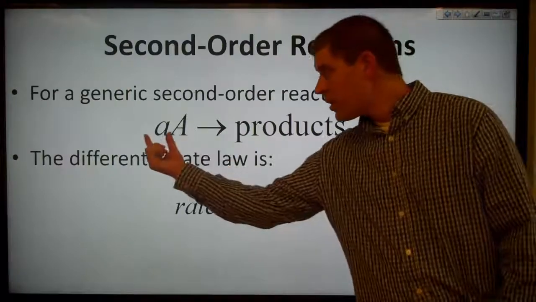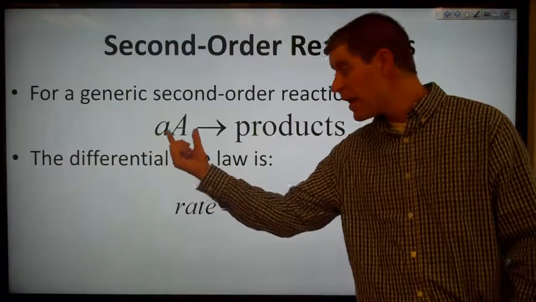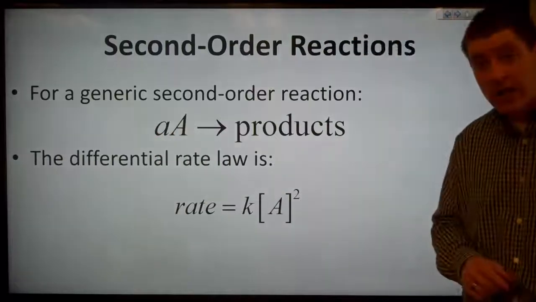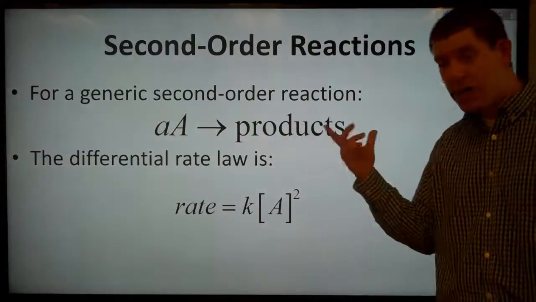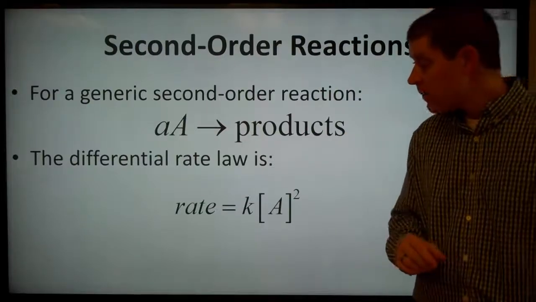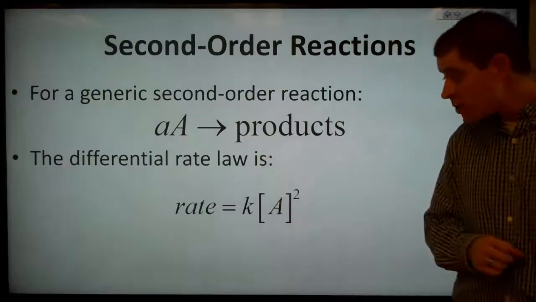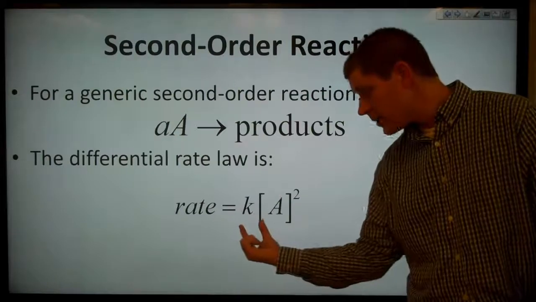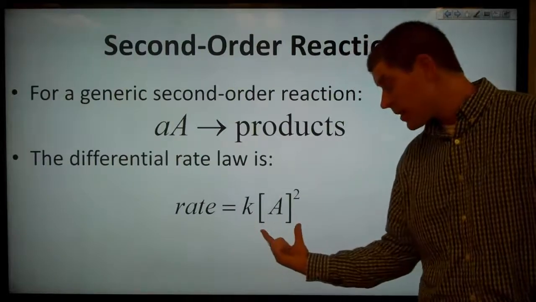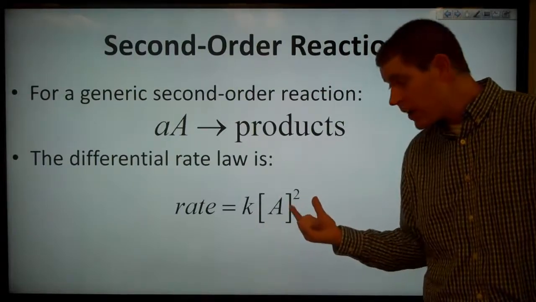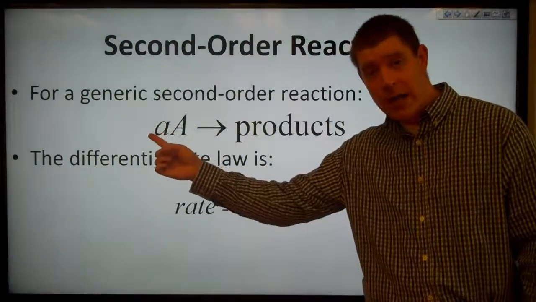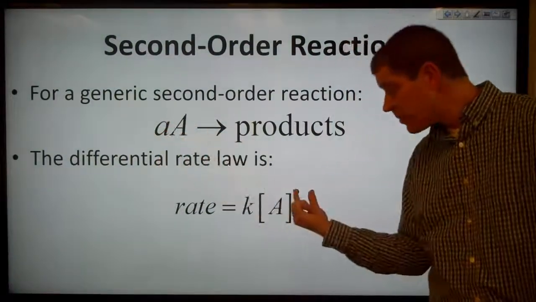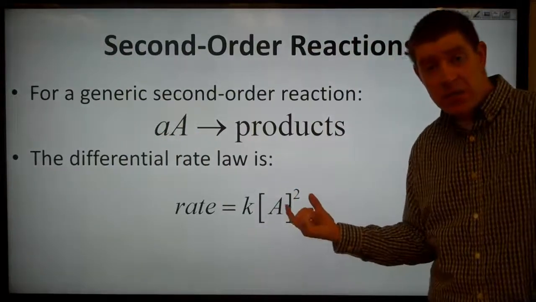We have our coefficient of lowercase a, and uppercase A again identifies what our species is. It's reacting to form some product. So our differential rate law there is: rate is equal to k, the rate constant, times the concentration of A squared. Again, it doesn't matter what this coefficient, the lowercase a, is. That lowercase a doesn't have to be a 2. It might be, it might not be.